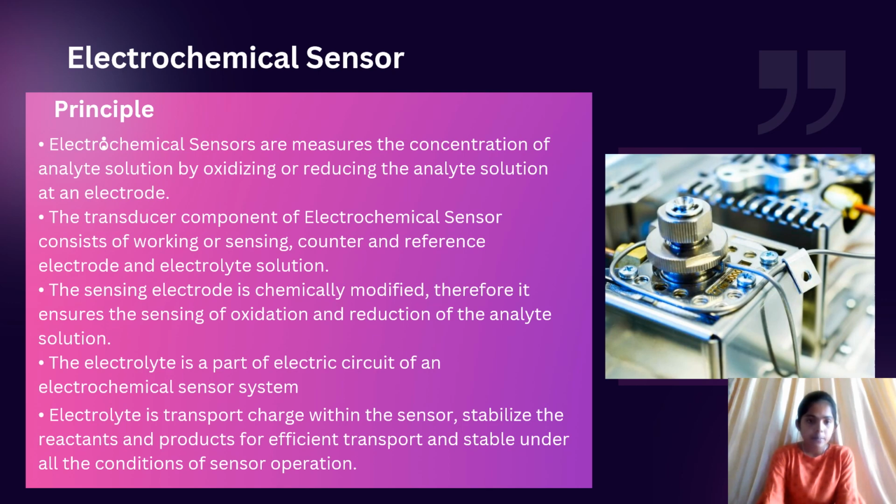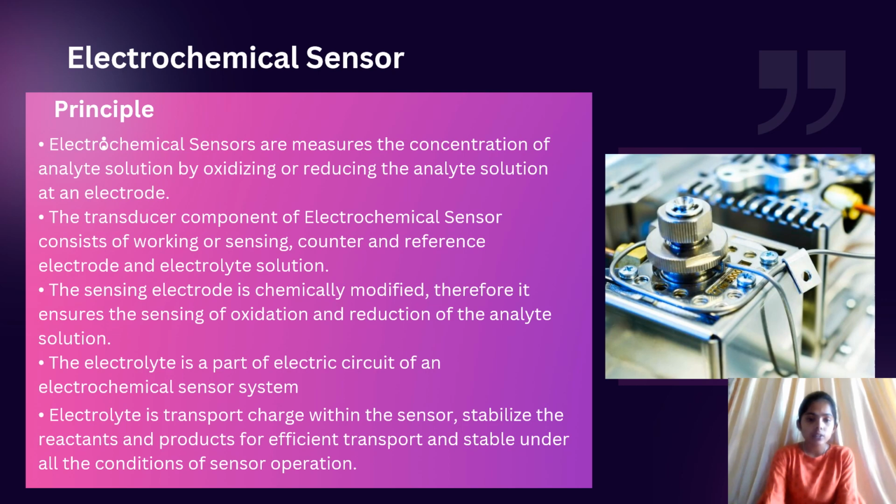Electrochemical sensor. Its principle: electrochemical sensors measure the concentration of the analyte solution by oxidizing or reducing the analyte at an electrode. The transducer component of an electrochemical sensor consists of a working or sensing electrode, a counter and a reference electrode, and an electrolyte solution.